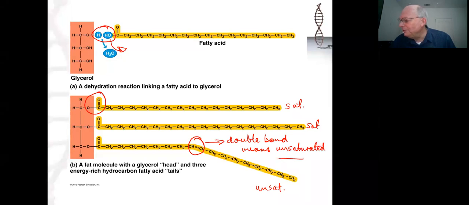But more than that, you can see what it does to the carbon chain. It puts a kink in it. And that kink means that it's going to occupy more space. And so these are not going to pack as tightly together, and they tend to be liquid at room temperature.